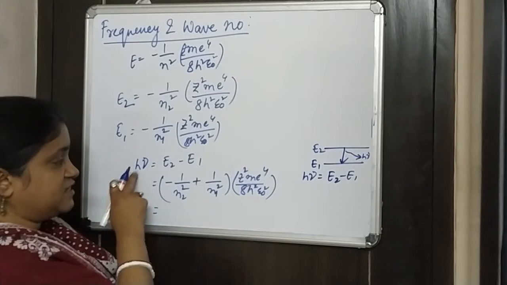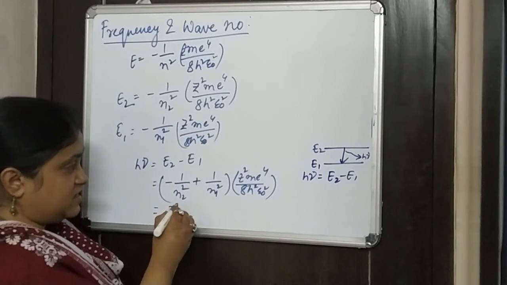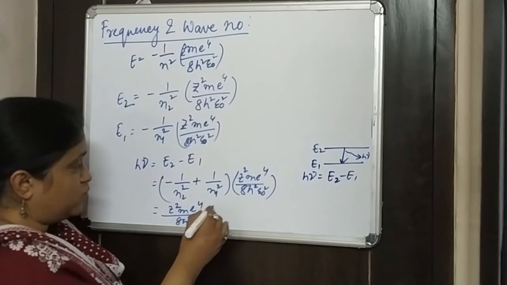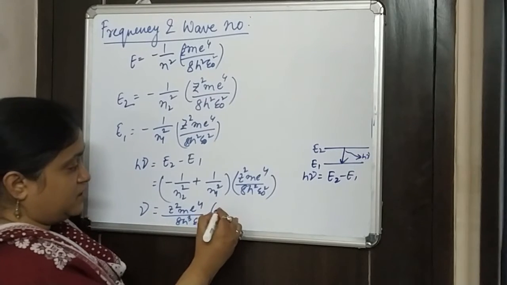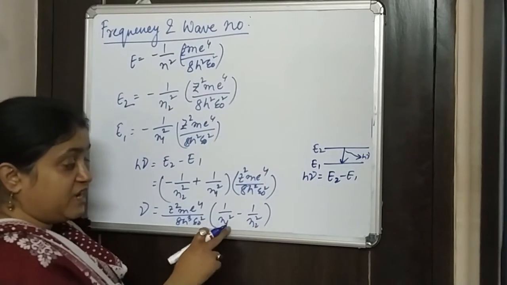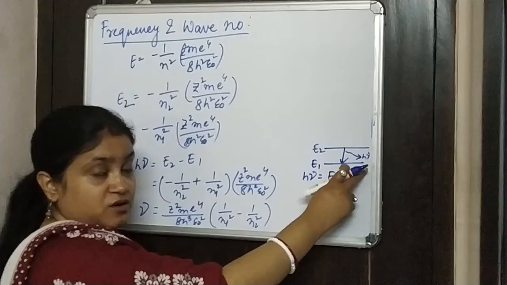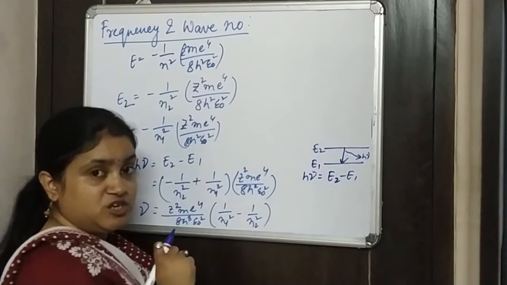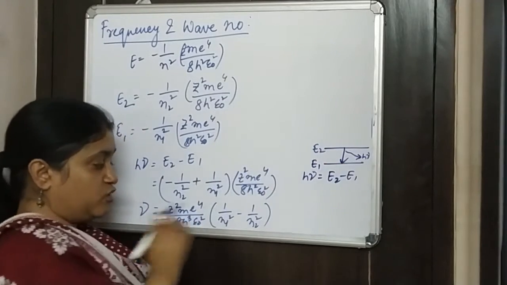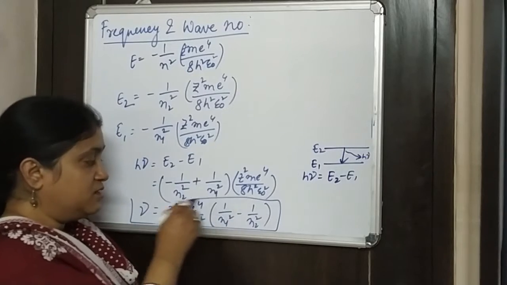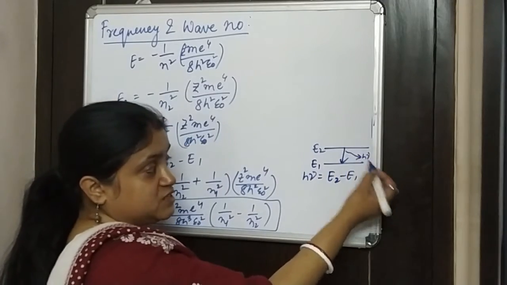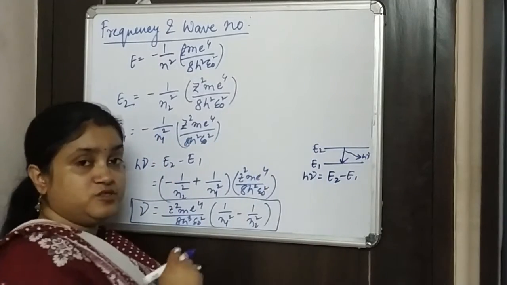Or I can just take this h here and write Z square m e^4 by 8 h cube epsilon naught square, this is nu, equal to 1 by n1 square minus 1 by n2 square, where n1 is the final orbit and n2 is the initial orbit, right? So this is the formula for the frequency that would be released when an electron jumps from one orbit to another orbit.